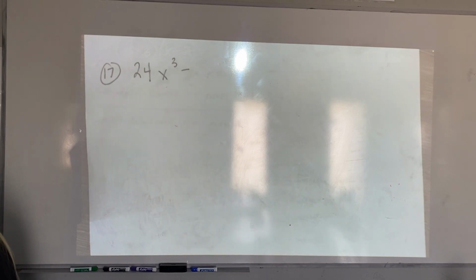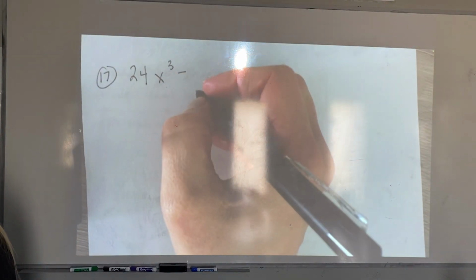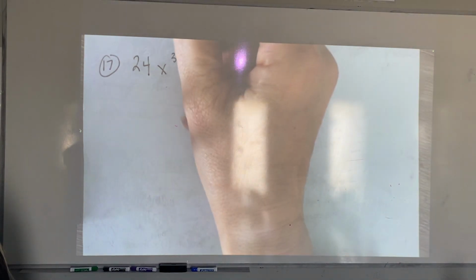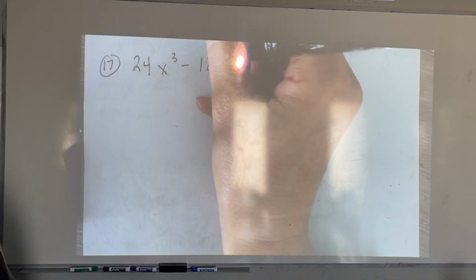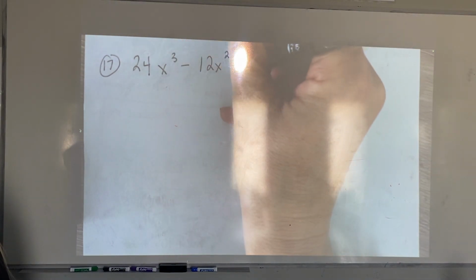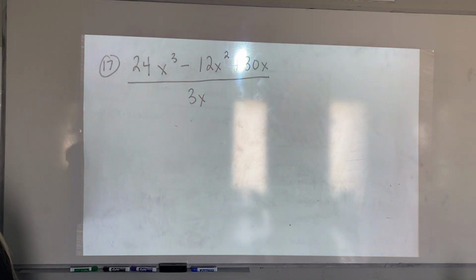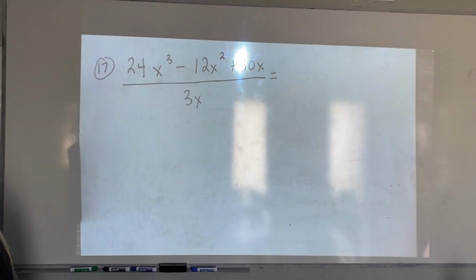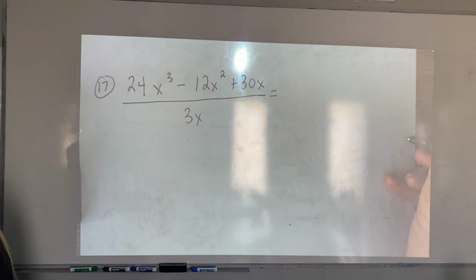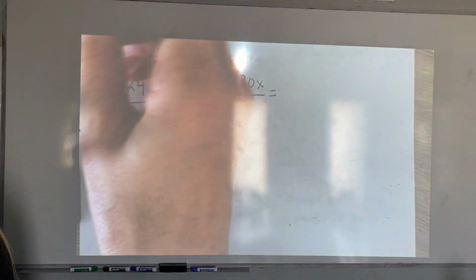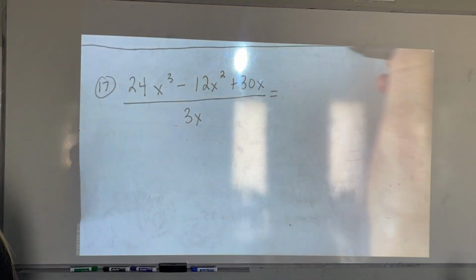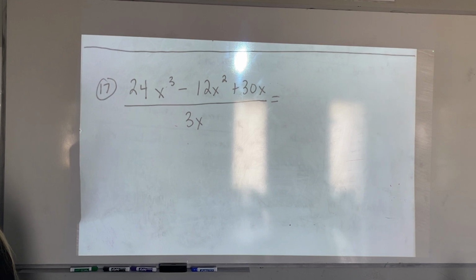17, sorry, I just stopped writing altogether. 24x cubed minus 12x squared plus 30x divided by 3x equals, how do I rewrite this so that I can solve it?